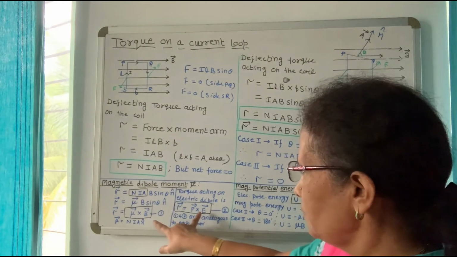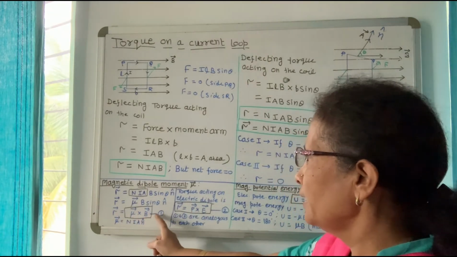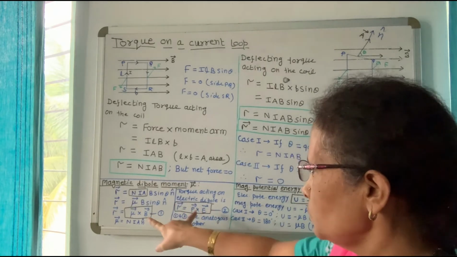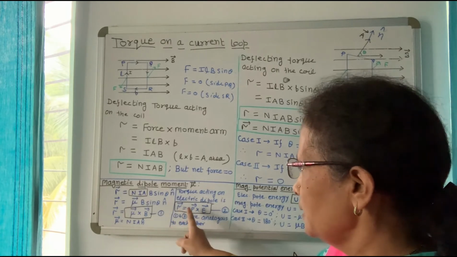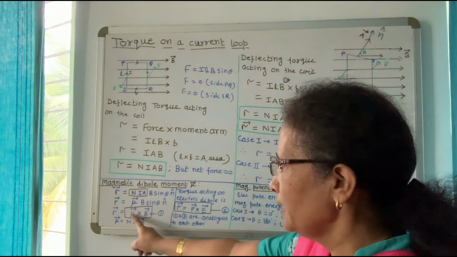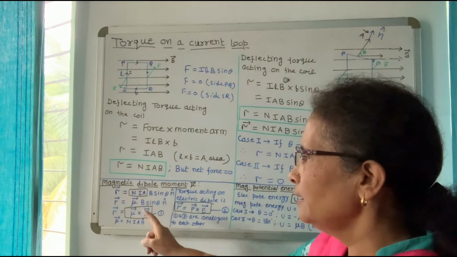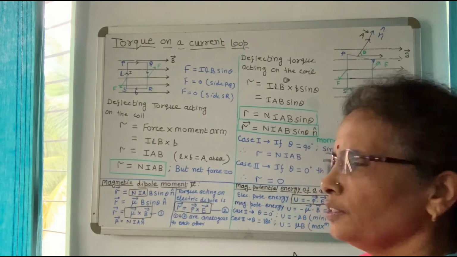So see these two equations: the magnetic torque is mu bar cross B bar, and the electric torque is P bar cross E bar. These two equations are analogous to each other, because this is the electric dipole, this is the magnetic dipole, this is the external electric field, and this is the external magnetic field. So these two quantities are analogous to each other.